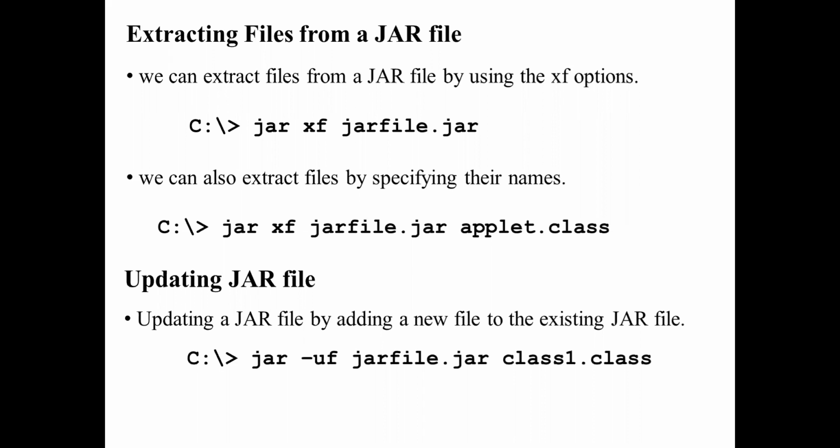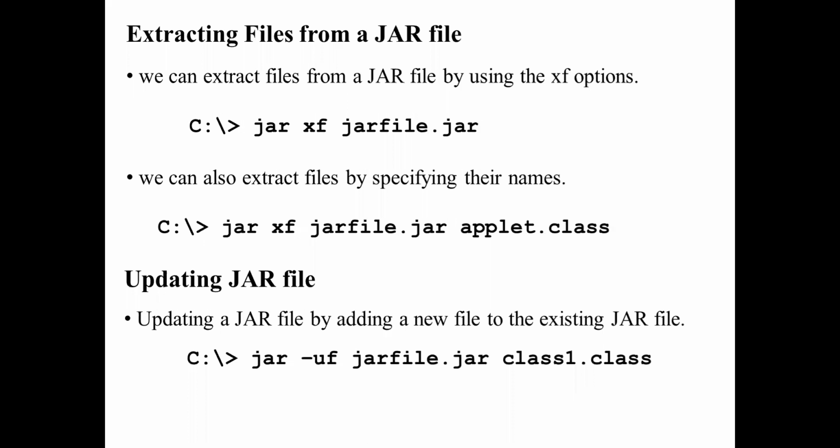Suppose you know the file name; we can directly use the file's name. How is it written? jar xf jar file dot jar, and I have to know the file name, that is applet dot class. So you can just extract files by specifying their names.